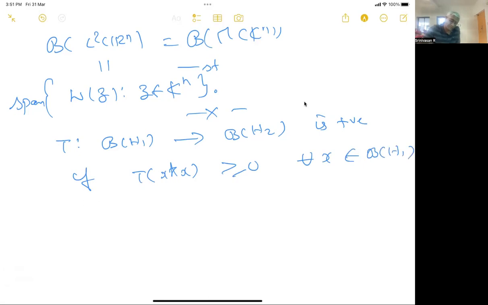I have already defined this. For a C-star algebra, I will write X here.